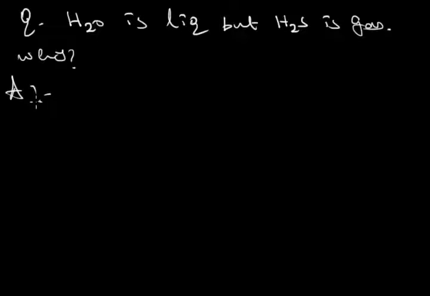The answer is that size of oxygen is much smaller than sulfur, and electronegativity of oxygen is higher than sulfur. So, in water molecules, negative pole is generated on oxygen and positive pole is generated on hydrogen.